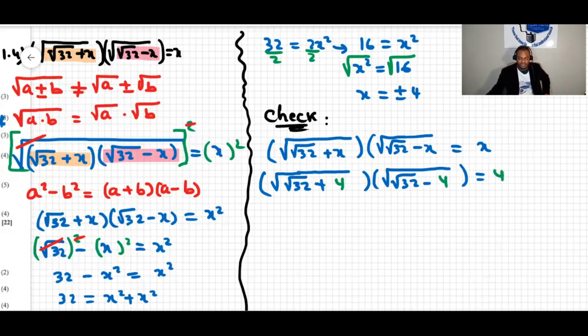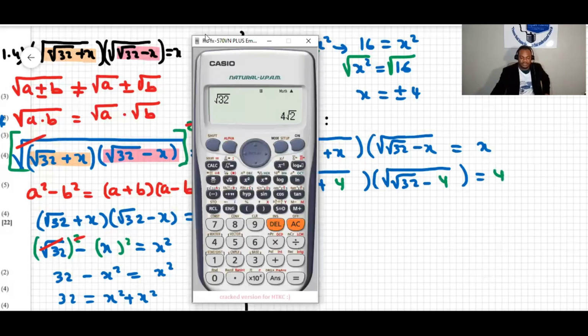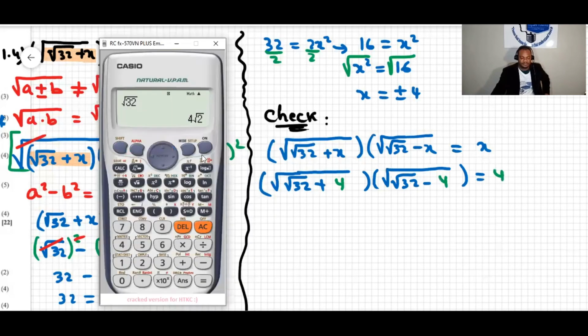We can do it. As we're checking, where is it? Square root is there, we press square root, and then square root again of 32. Okay. Now outside the square root, it's plus 4.